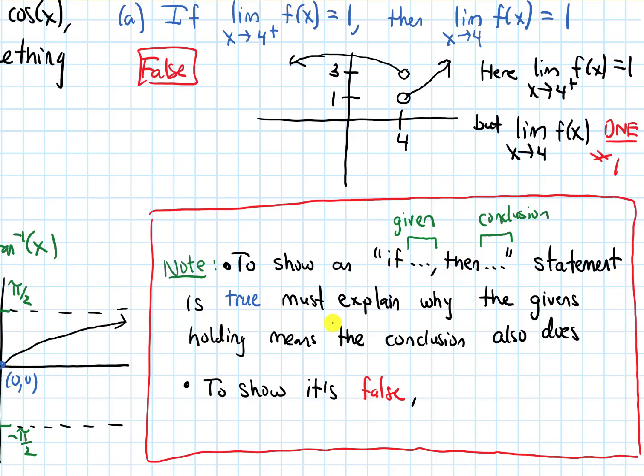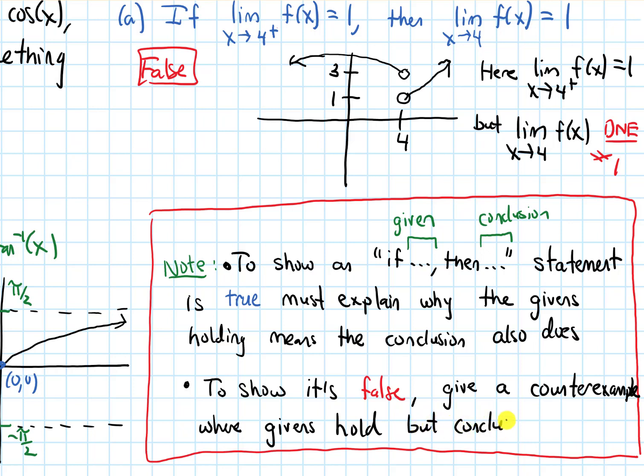If I want to show the if-then statement is false, like I did in the above example, one of the ways is we give a counterexample, where the givens hold, meaning the givens are true, but the conclusion does not. So the conclusion is false.